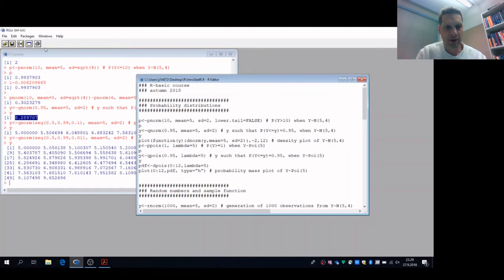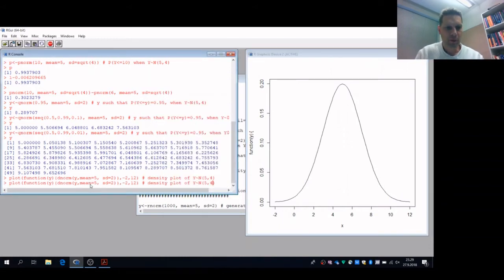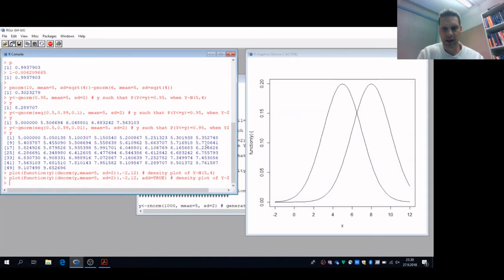So the third thing is plotting the density function. Here I've used this sort of a plot function, which gives us a graphical way to see how the distribution is behaving. Obviously we could, for example, start changing the parameters a little bit. For example, if we change the population mean from 4 to 2 to 8, then the plot would look this way.